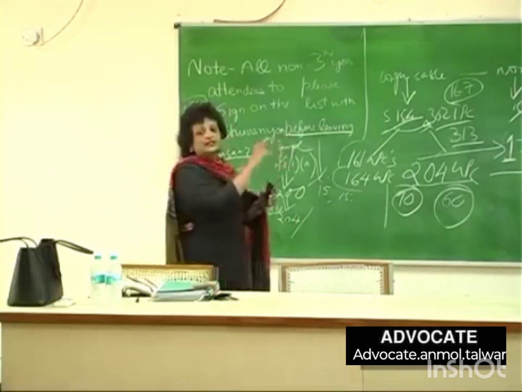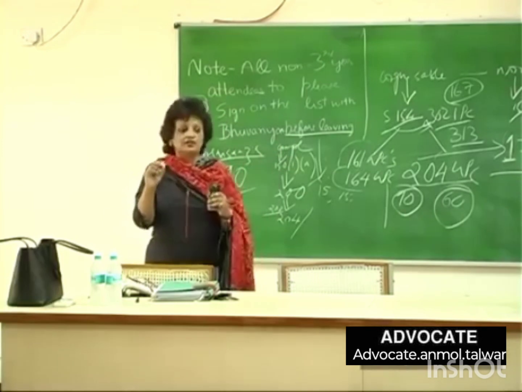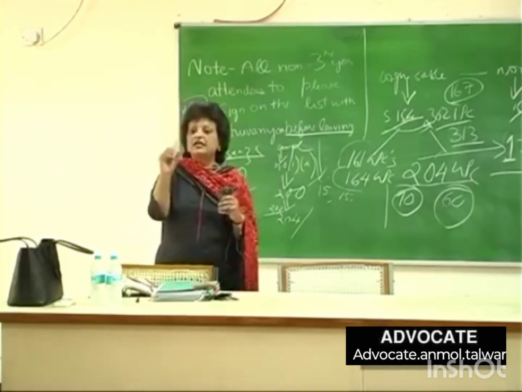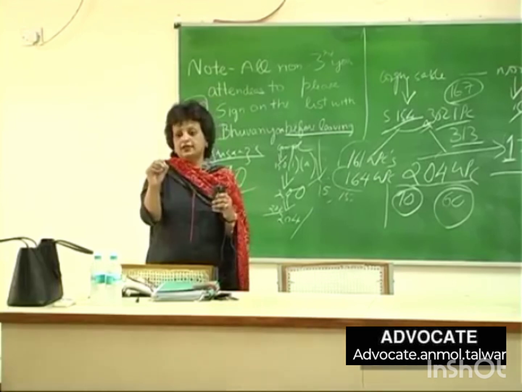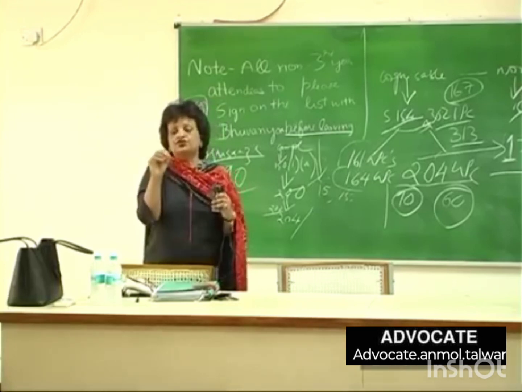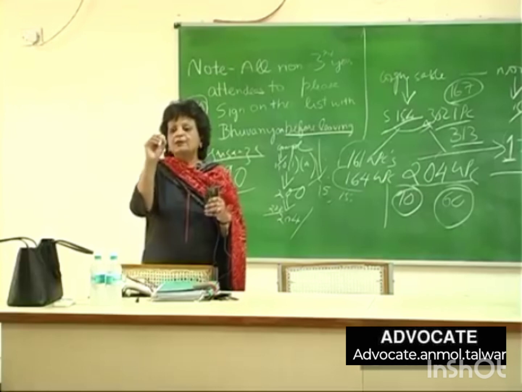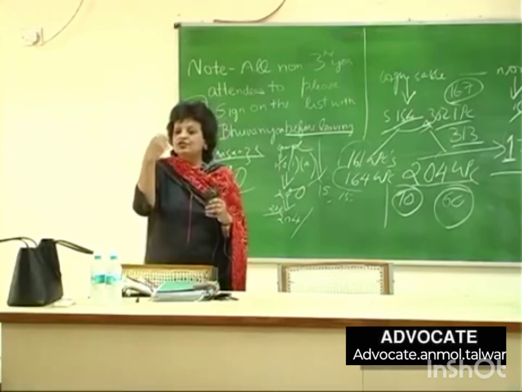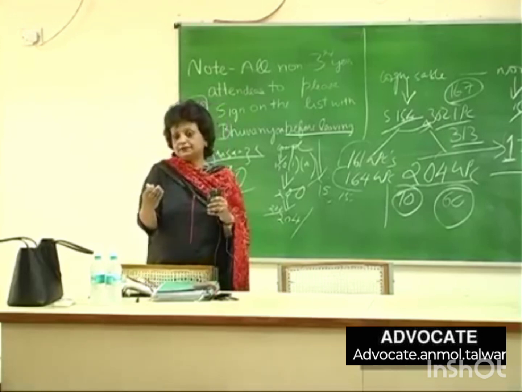You have what is known as a statement under 313, a very important section in the Criminal Procedure Code, where each and every circumstance against the accused is placed in a question answer form, and the accused is asked to answer that.